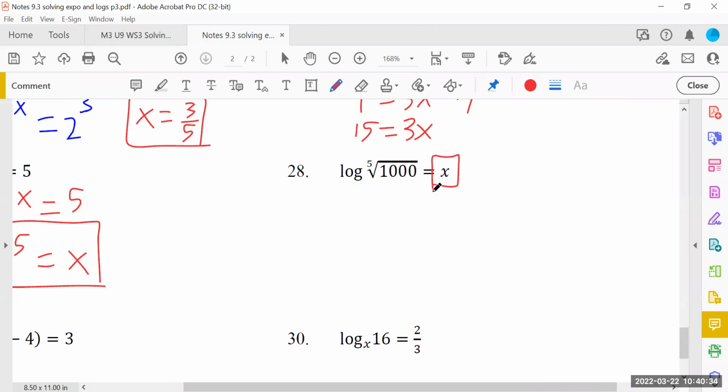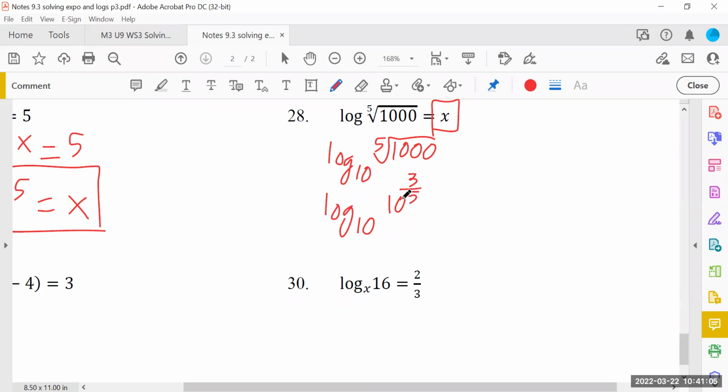X is by itself. So I just need to say, well, this means log base 10 of the 5th root of 1000. So log base 10 of 10 to the 3rd power over 5. Right? 10 to the 3rd power makes 1000. The 5th root of 1000, that 5th root means 1 over 5.